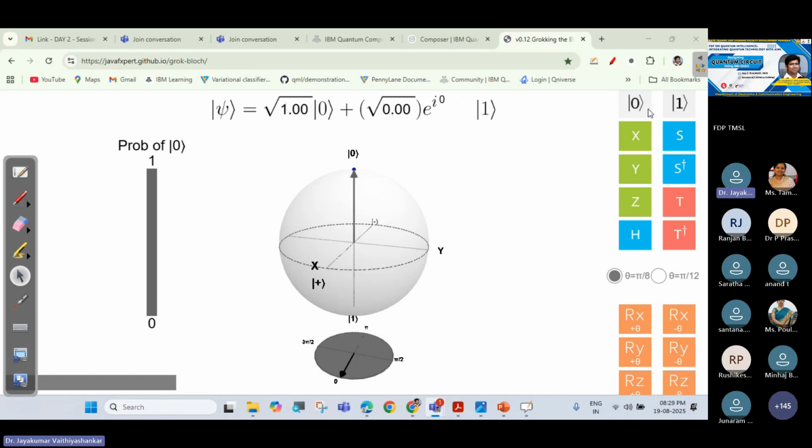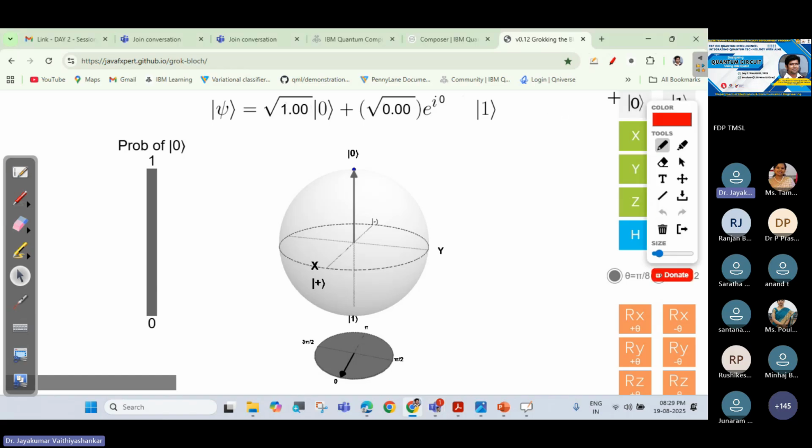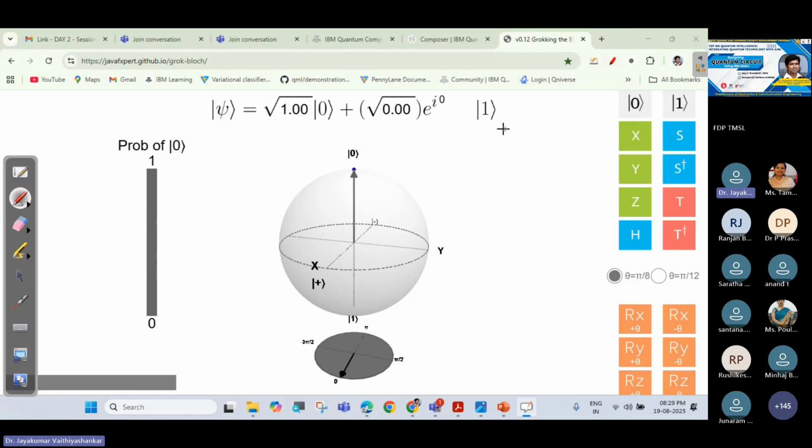We covered state 0 and state 1. These are called pure states. If you want to create any quantum bit, you need to start from pure states, the initial state.